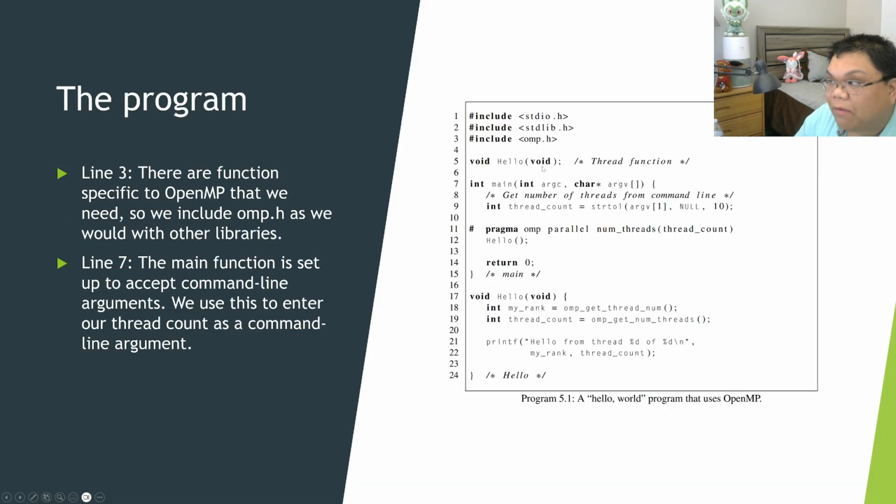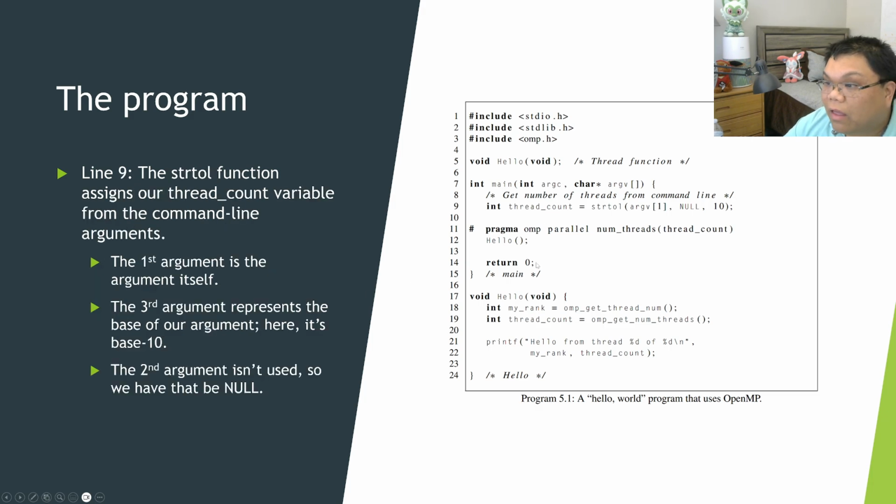The very first thing that we have to do is to include the omp.h library, the same way we would include any other library. We have our main function set up so it accepts command line arguments. That's what argc and char star argv are for. Then we use the strtol function to parse the value that we want from our command line arguments into something that our program can use.